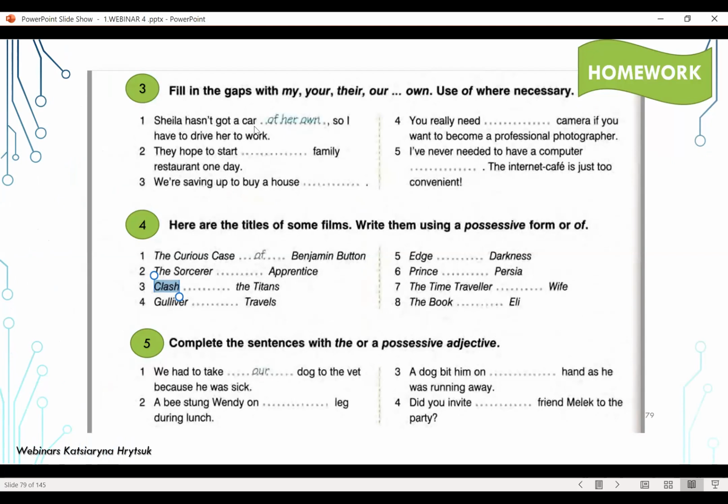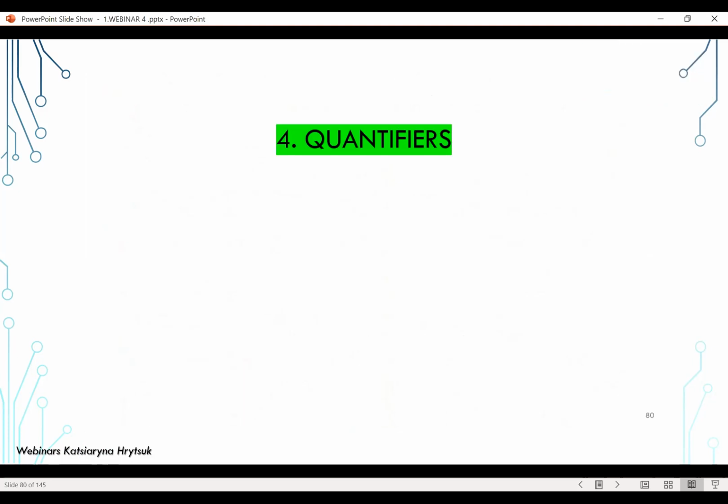Sheila hasn't got a car of her own, so I have to drive her to work. It means she doesn't have her own car. You can say she doesn't have a car, or she doesn't have a car of her own. It's also often used. And here you can use "of", and you can use possessive adjectives. Okay, this is the homework. I will explain personally to everyone if you have mistakes.